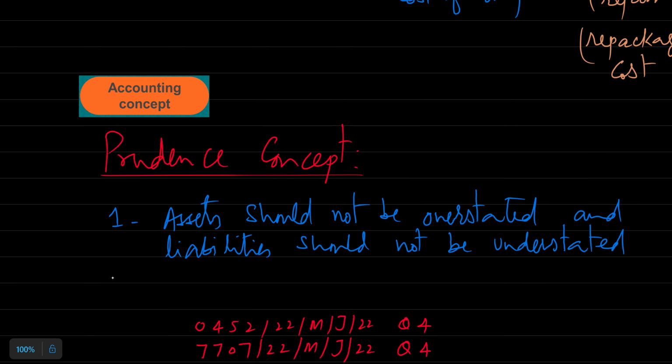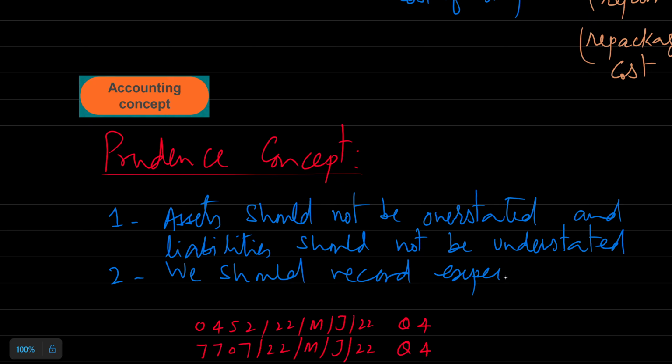Number two, we should record expected losses and should not record expected incomes.